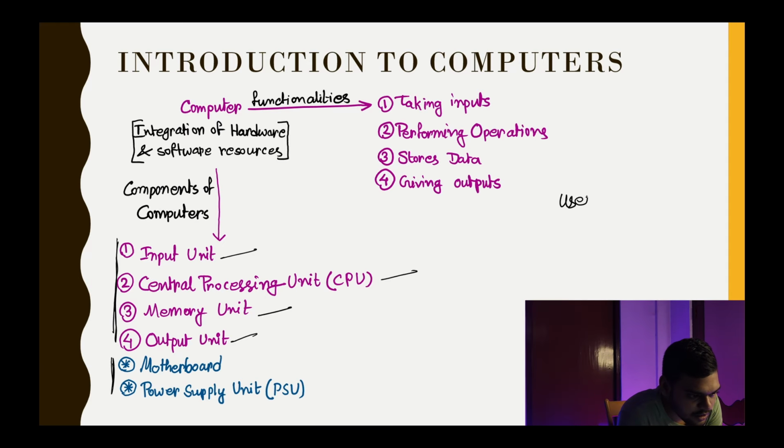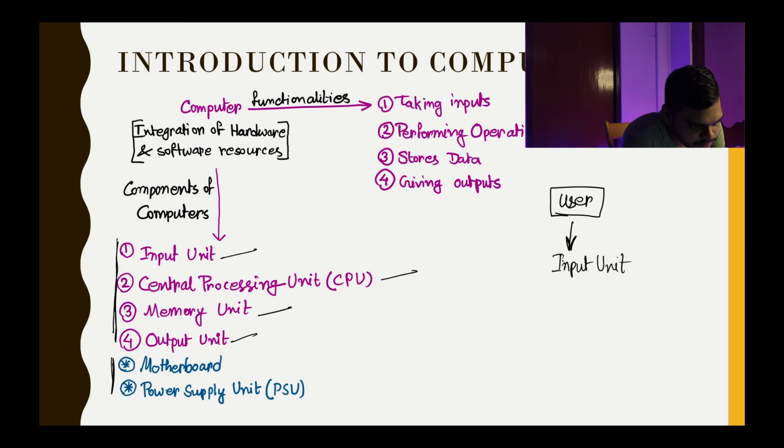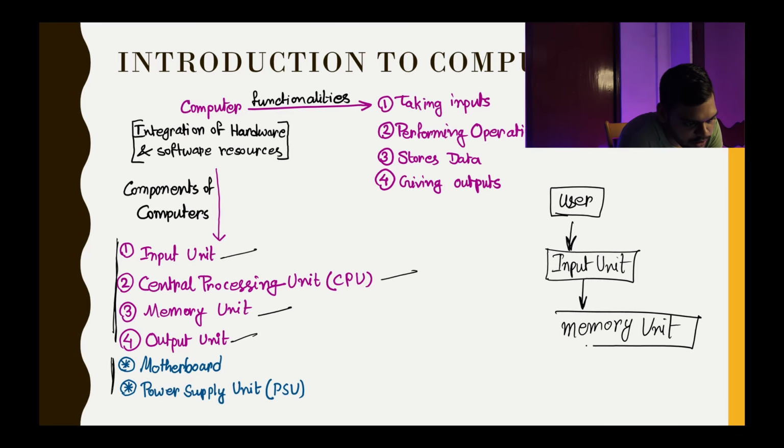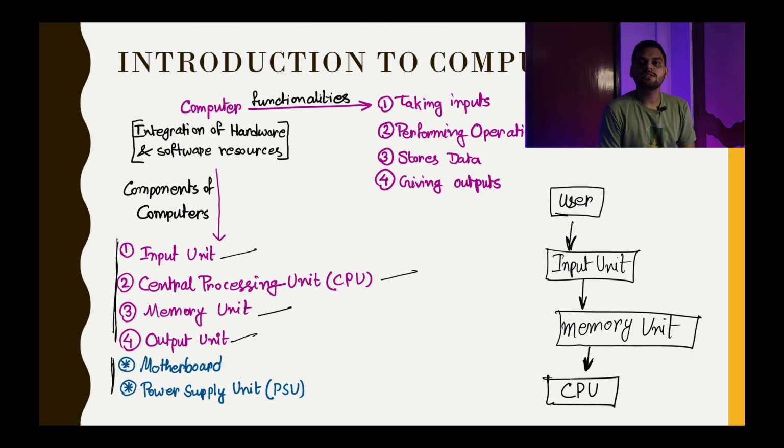Let's say we have a user giving input to the input unit. After that, the input unit stores the data to the memory unit. After storing the data in the memory unit, the data passes to the CPU for further processing or operations.